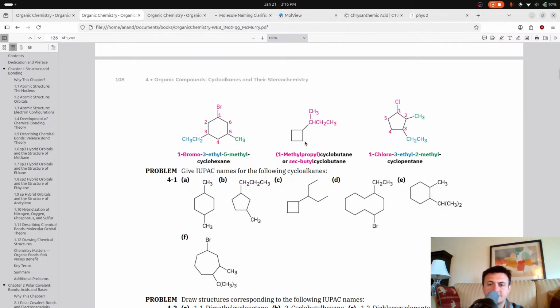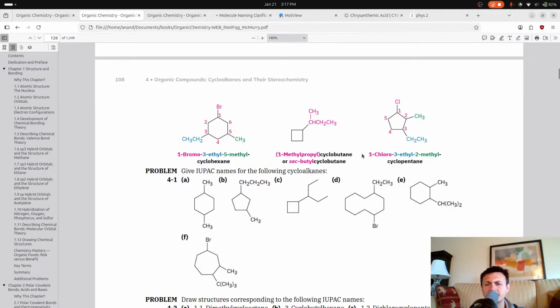No, this one's interesting. 1-methylpropylcyclobutane or sec-butylcyclobutane. The second, what is it? Sec and, is it tert? Sec, tert, and quat.